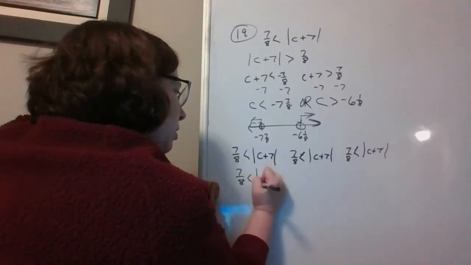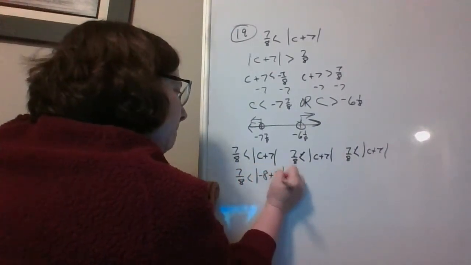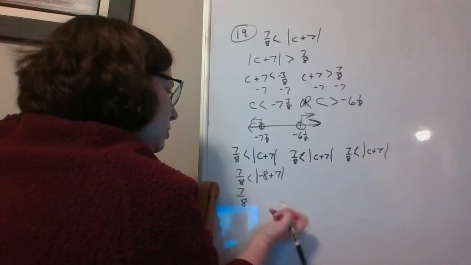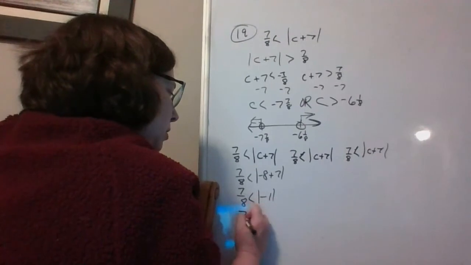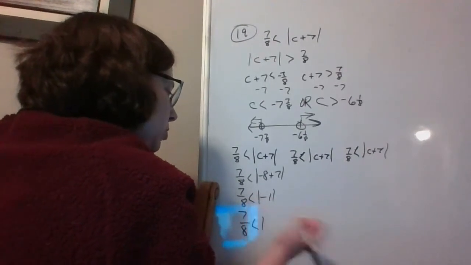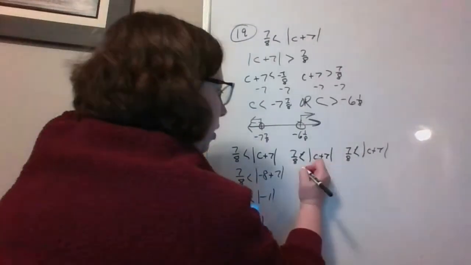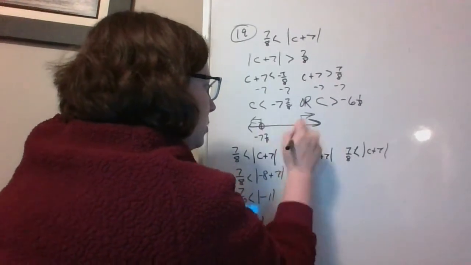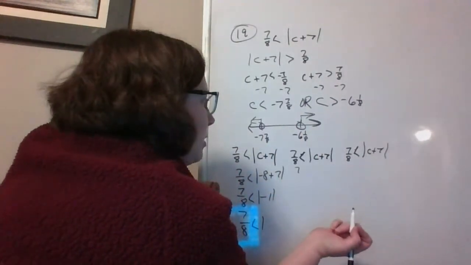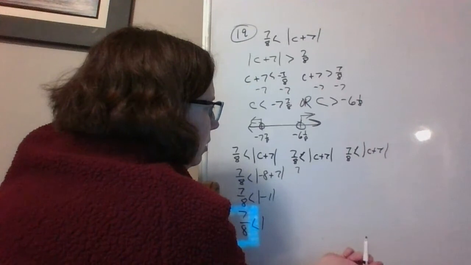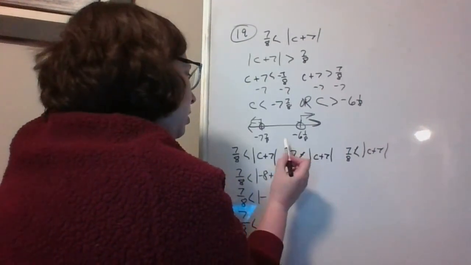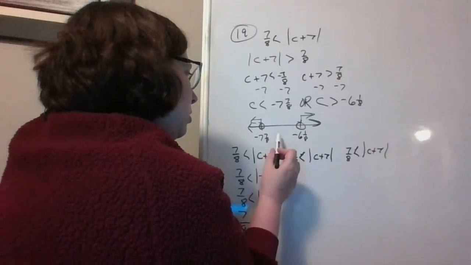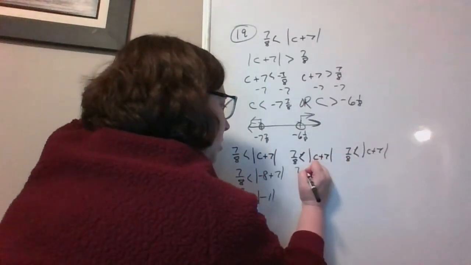So I'm going to go ahead and put in negative 8. 7/8 is less than 1, which is true. And here I want something between negative 7 and 7/8 and negative 6 and 1/8. So I am going to use negative 7 here.